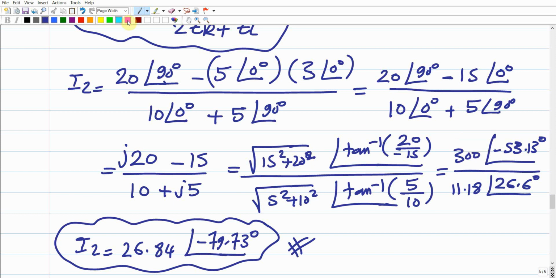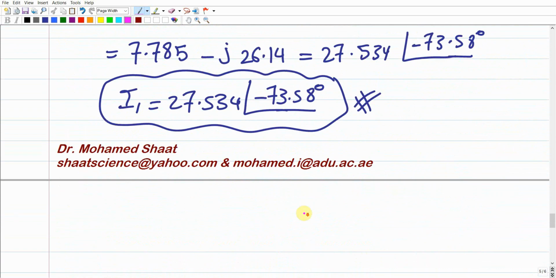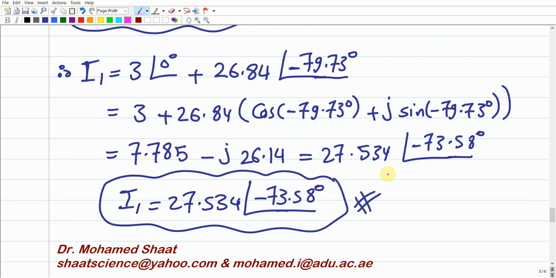So there is a mistake here in this value. I think it should be 15 squared plus 20 squared, and the square root should be 25. So this is one of the mistakes, and probably there are some other miscalculations that resulted in this value.